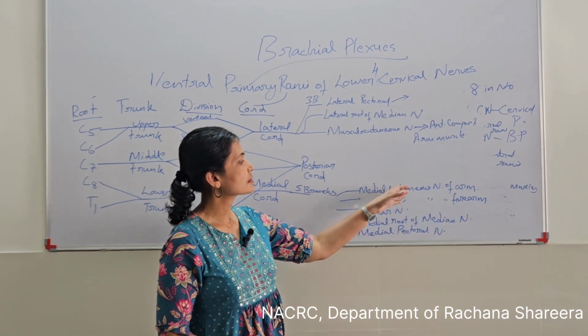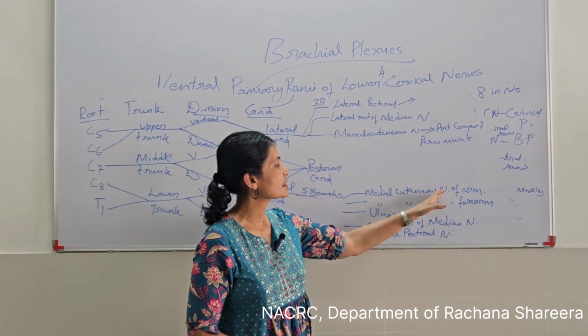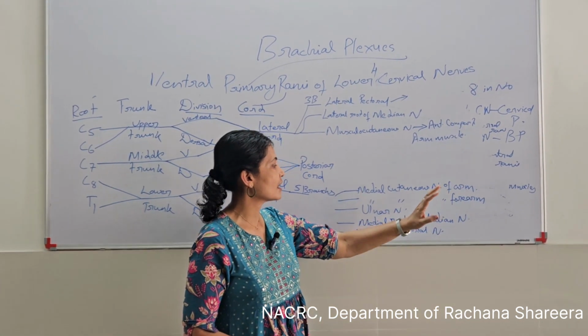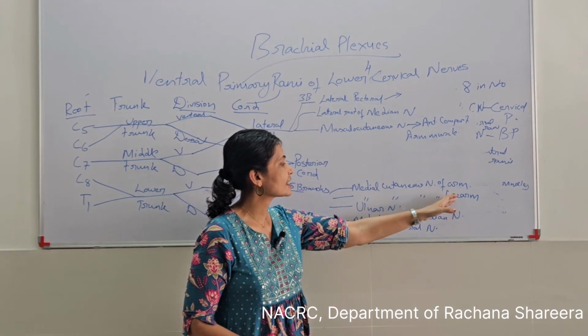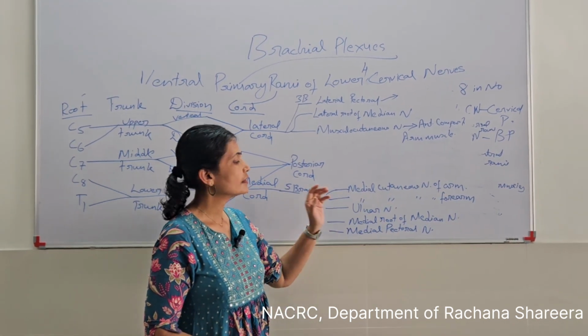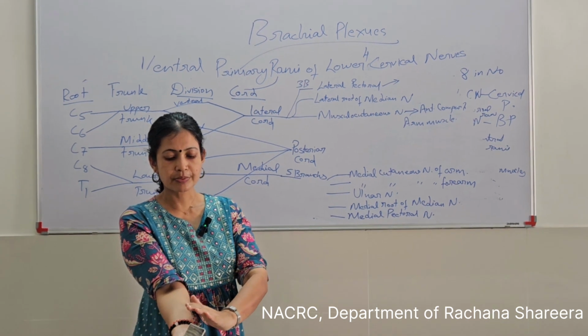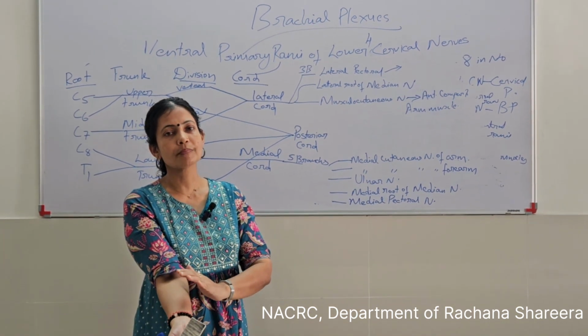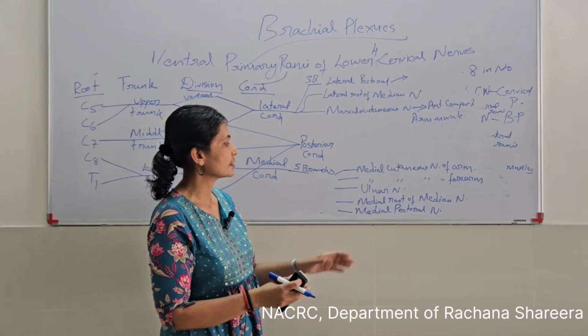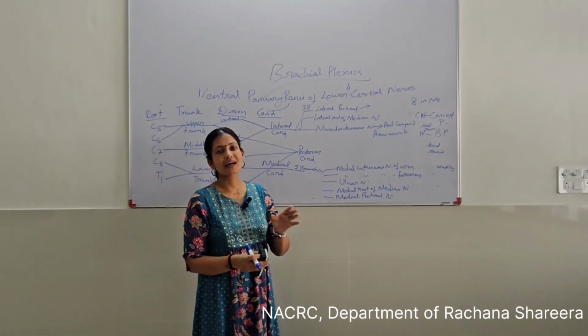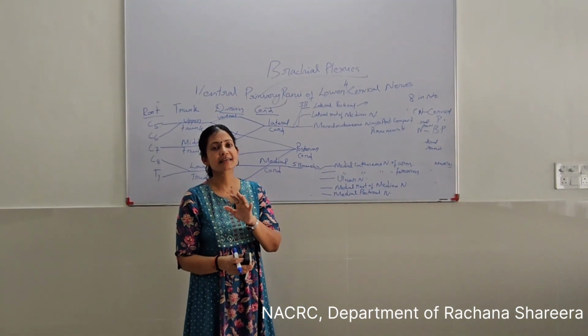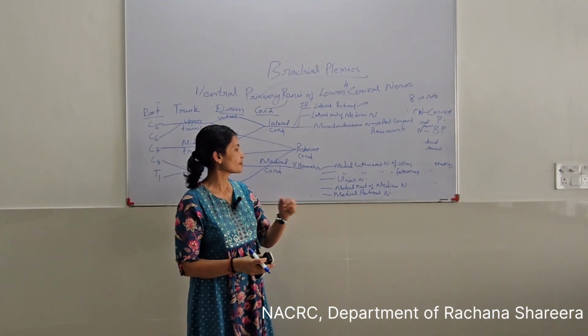So cutaneous, from the name itself, it supplies the sensory supply to the arm. Now this is for the medial aspect of the forearm. Ulnar nerve supplies the ulnar aspect of the forearm. Not all muscles, only 2 muscles. That is flexor carpi ulnaris and flexor digitorum profundus.